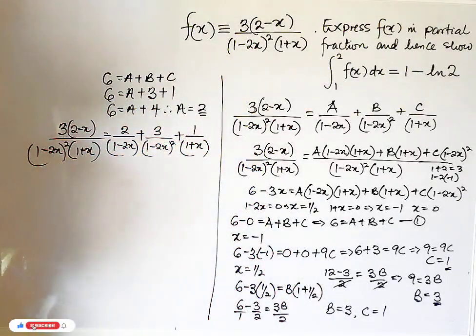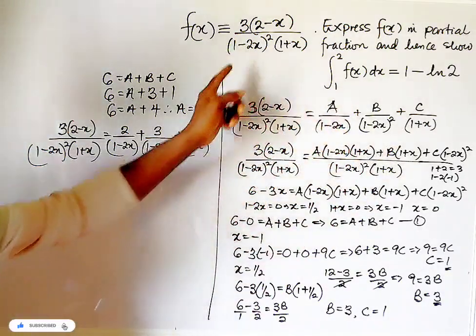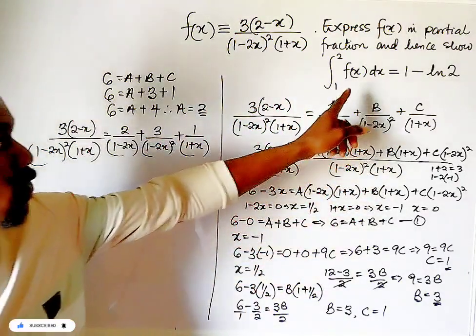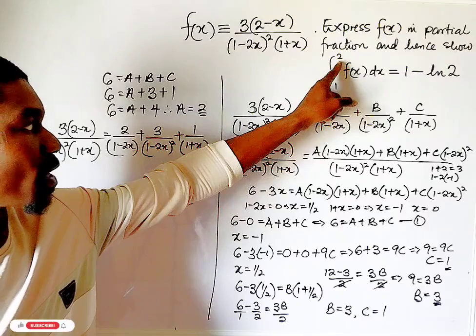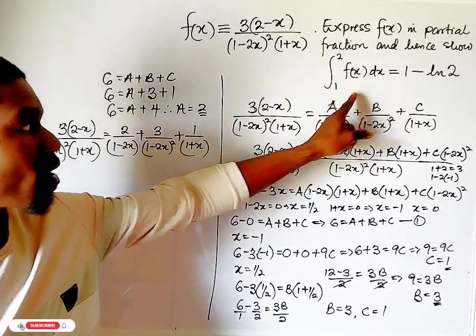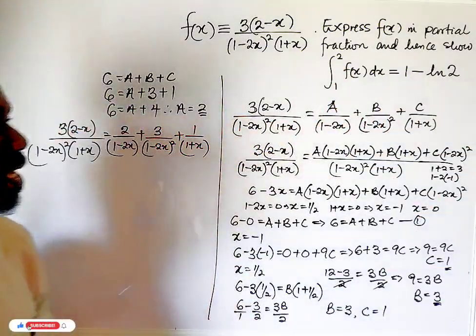Okay, now here is the partial fraction of f of x. Now we are to show that the integral with upper limit of 2 and lower limit of 1 will give us 1 minus ln x.